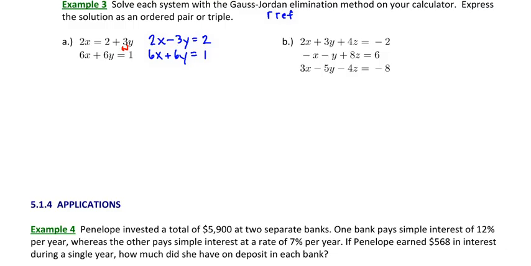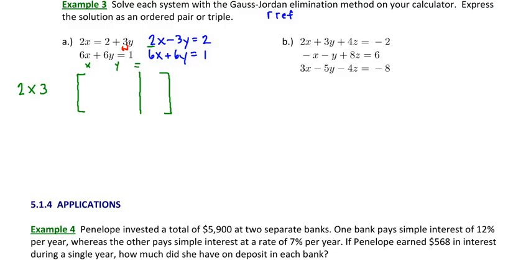What we want to do is rewrite this as an augmented matrix. We're going to have one row for each equation and one column for each variable and the constants, so we're going to need a 2 by 3 augmented matrix. In row 1, we're going to pick up the coefficients of the system. Remember, in column 1, we have coefficients of x, column 2, coefficients of y.